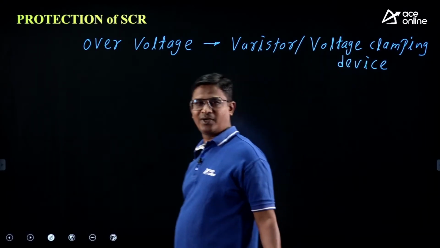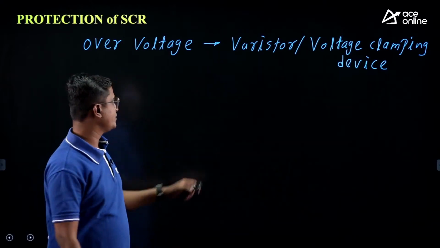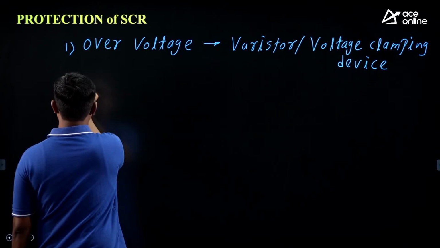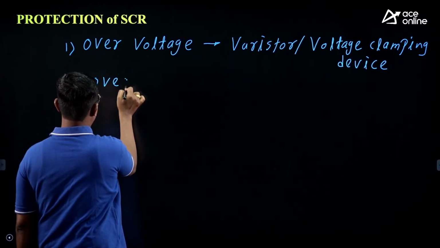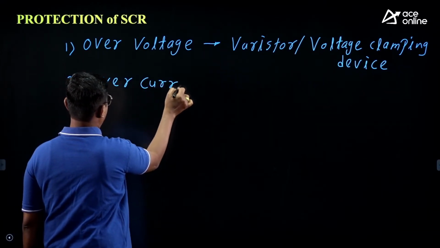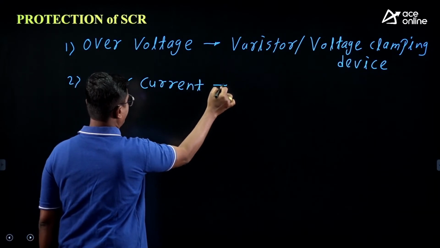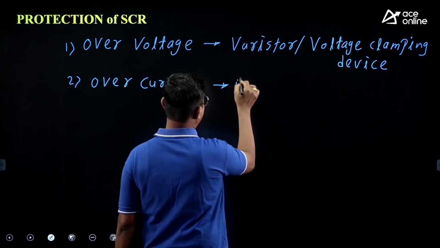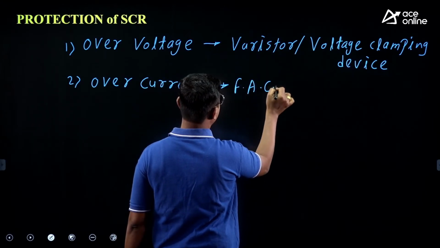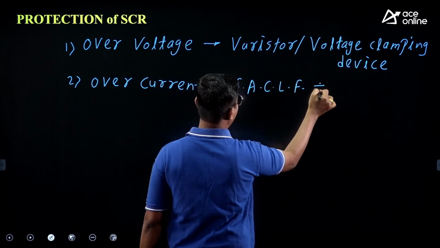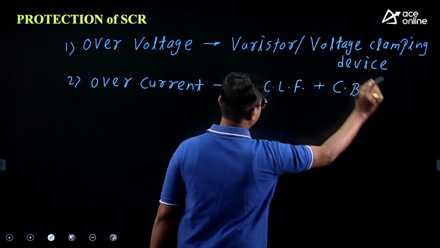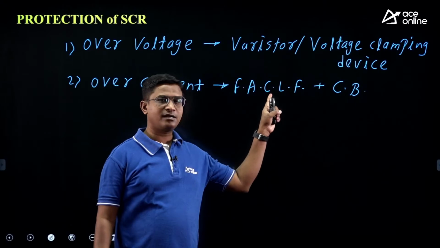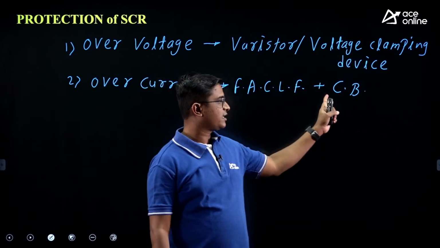Varistor is one kind of voltage clamping device. Okay, it is used. Next, overcurrent. For overcurrent protection, we are using fast acting current limiting fuse, FACLF, and circuit breakers. FACLF stands for fast acting current limiting fuse, and circuit breakers.